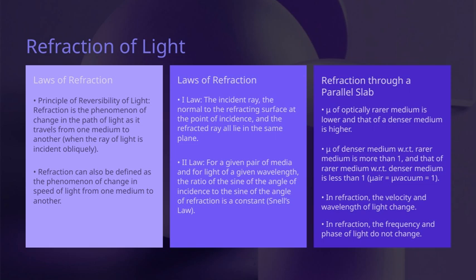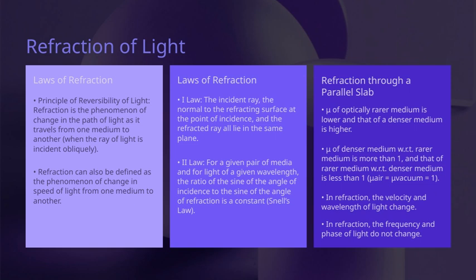For example, when light moves from air into water, its speed decreases and the wavelength shortens, but the frequency stays the same. Now, the refractive index, denoted as mu, is higher for denser media compared to rarer media. So mu of a denser medium relative to a rarer one is always greater than 1, while mu of a rarer medium relative to a denser one is less than 1.